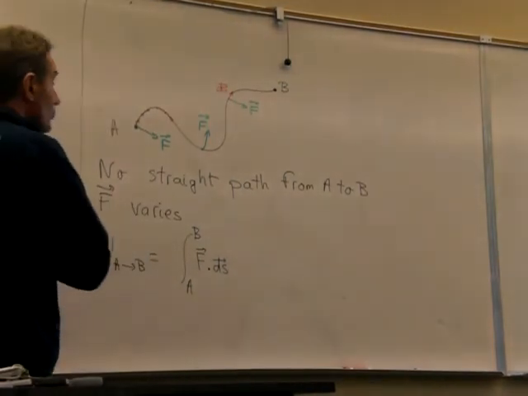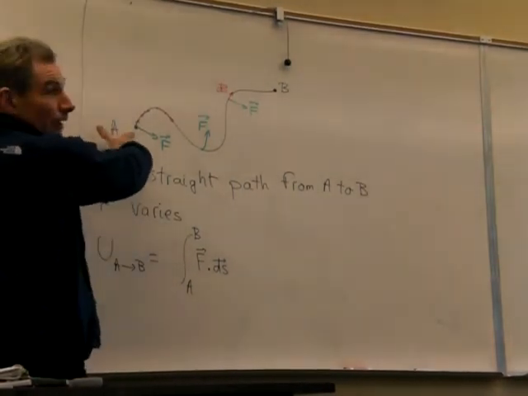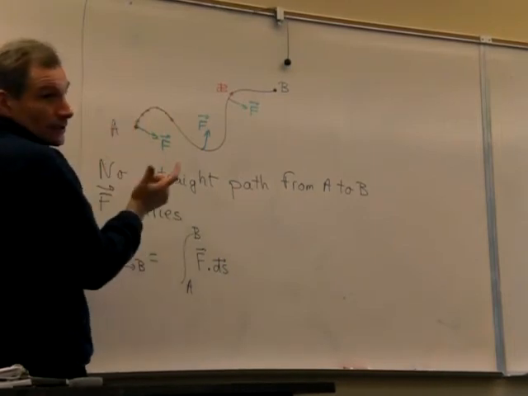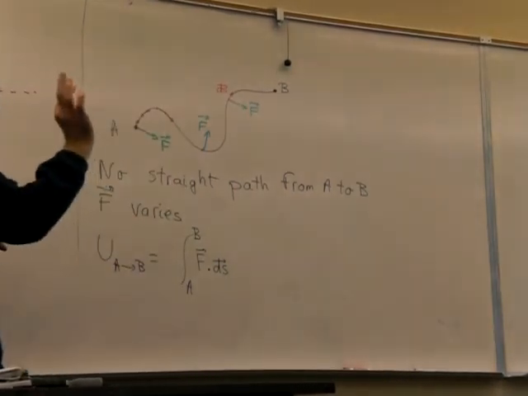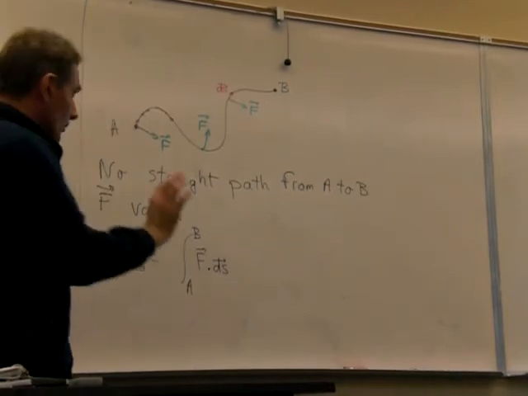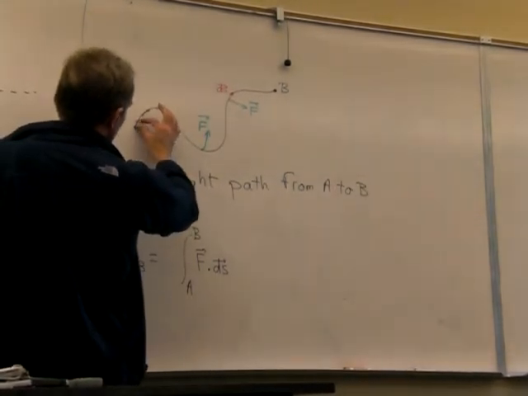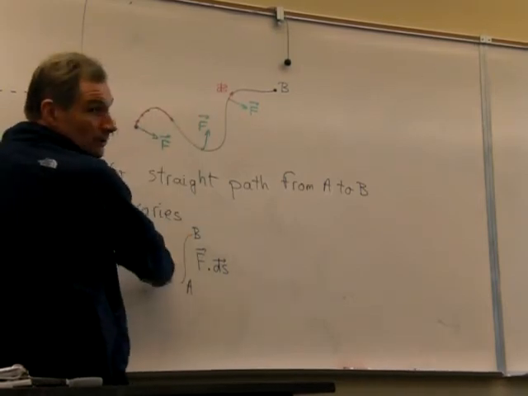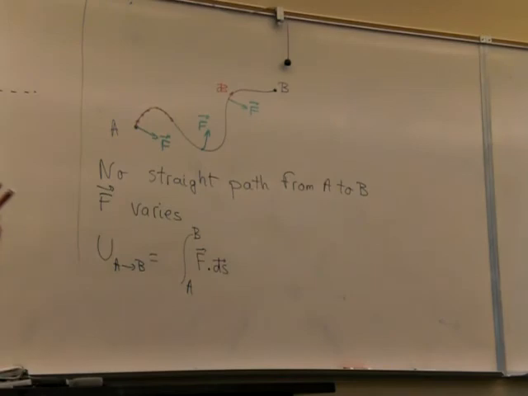For each little arrow here, you do F dot ds, and you take the value of F along that ds. For each one of these you get a value F dot ds. And then what the integral is saying is add them up.